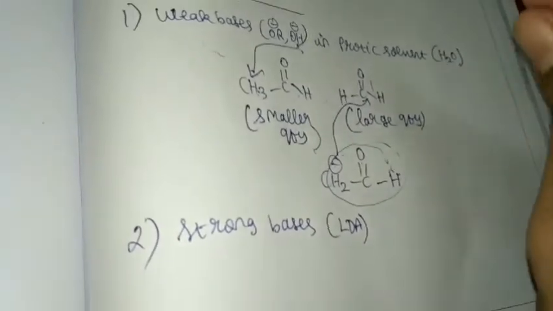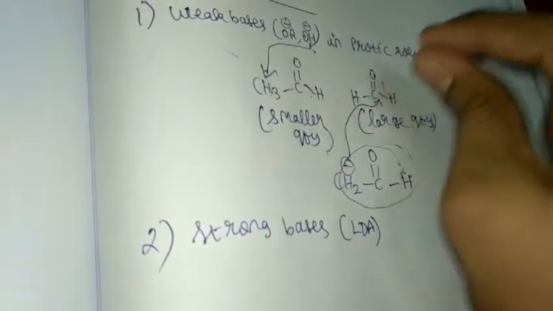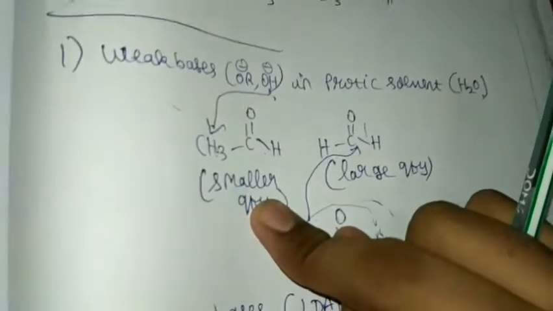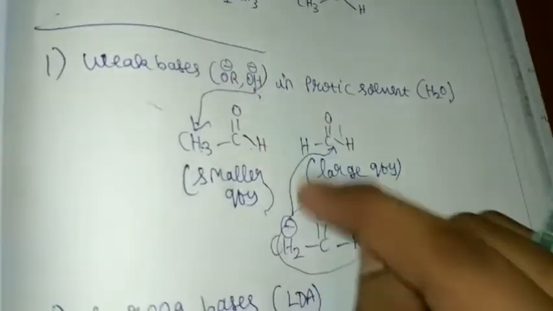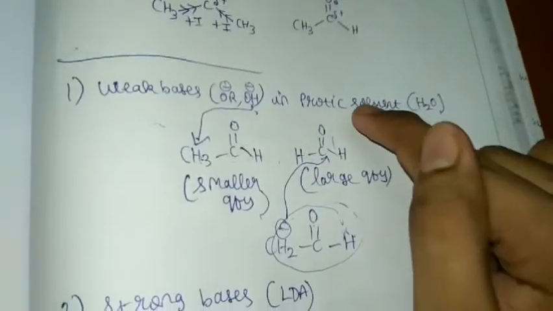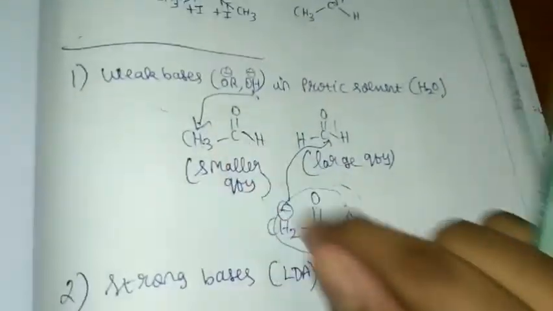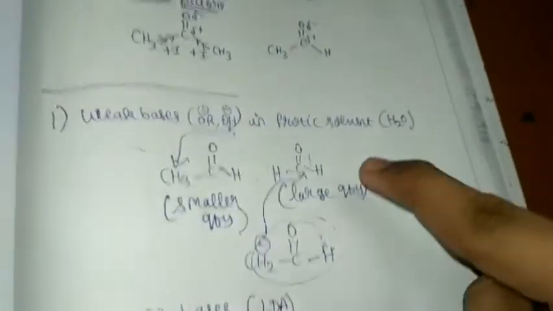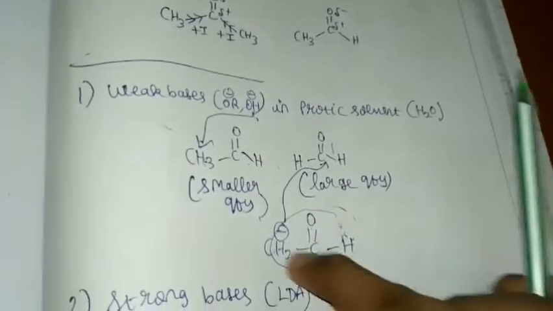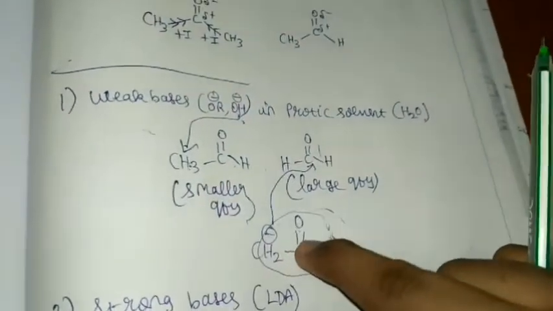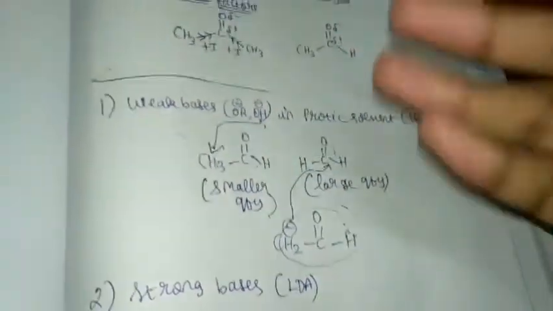So these are two ways. First way, I'll revise once again: we should take the molecule with alpha hydrogen in smaller quantity, so that the enolate ion is always formed and is present in lesser concentration. This will ensure that it attacks the carbon of the molecule which does not have alpha hydrogen. Still, the crossing of these two takes place, preventing the reaction between the nucleophile formed over here and the acetaldehyde present in the medium.